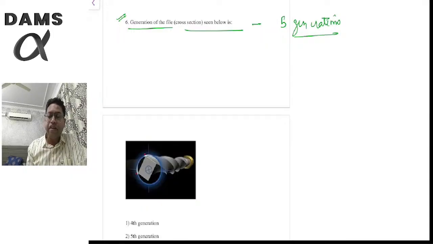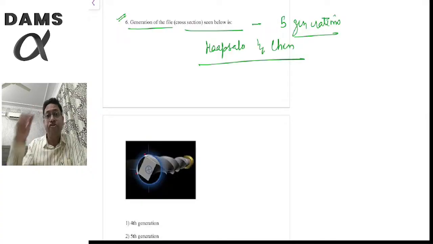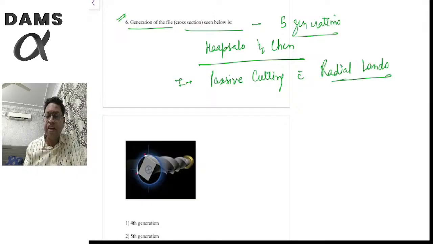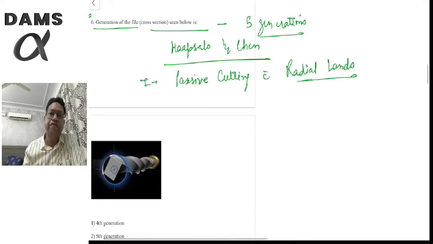This classification was given by Hepsalo and Chen. According to Hepsalo and Chen, there are 5 generations of nickel titanium. The first generation are passive cutting instruments with an important factor, that is radial lands.